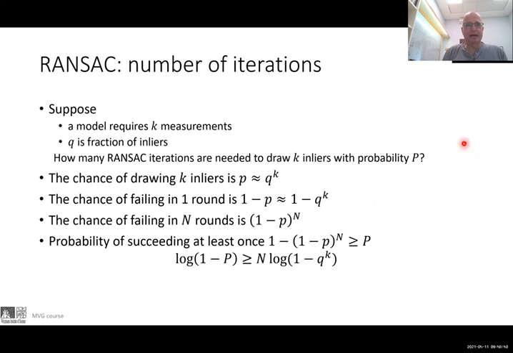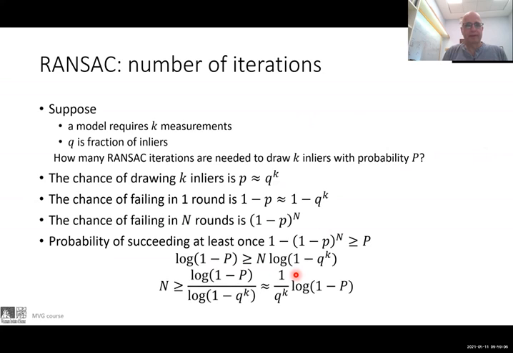And so this means that, taking the log, log of 1 minus p should be larger than n times log of 1 minus q to the k.